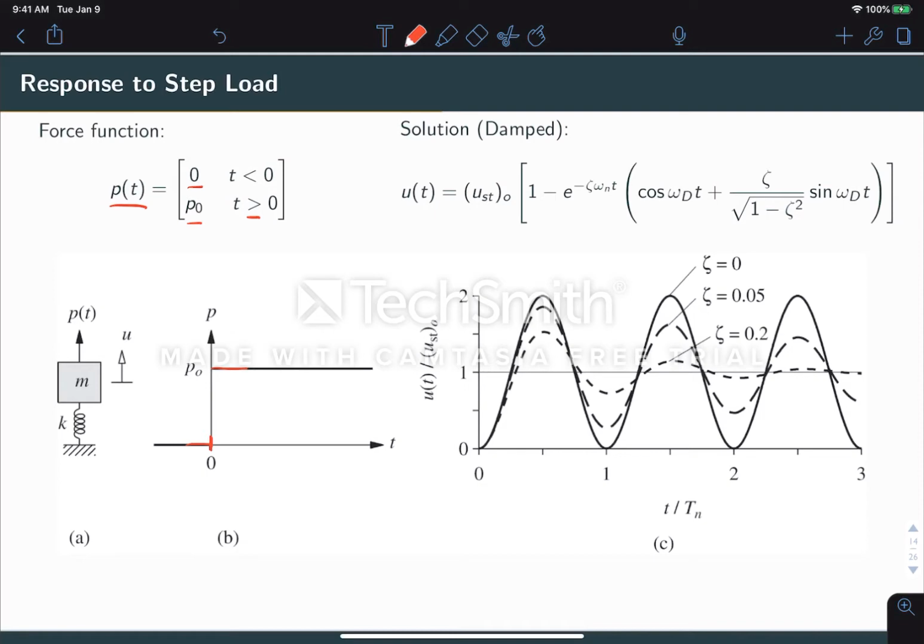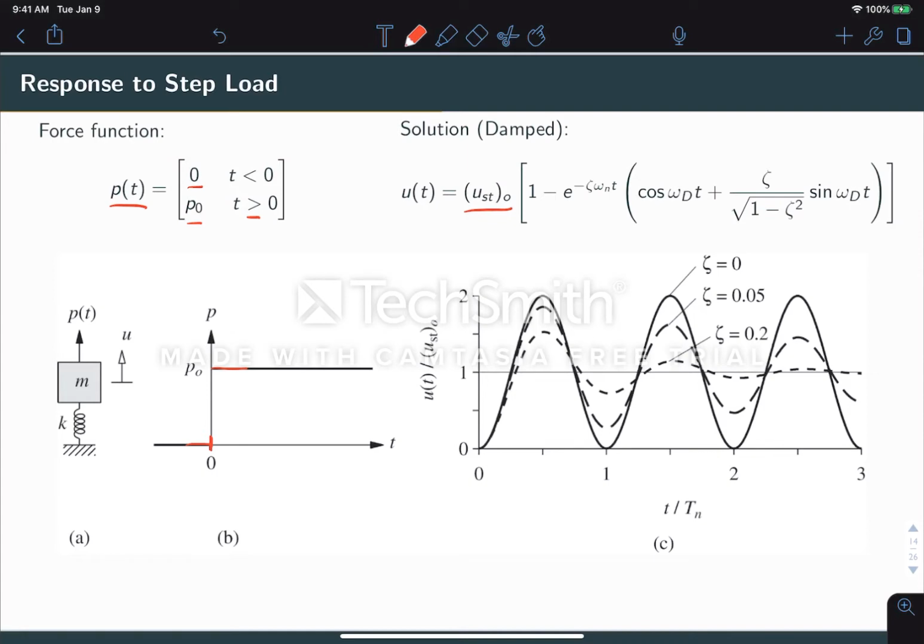Now, skipping to the solution, the response of any system to this type of loading will be equal to some static displacement, which essentially has the very same form as that load.